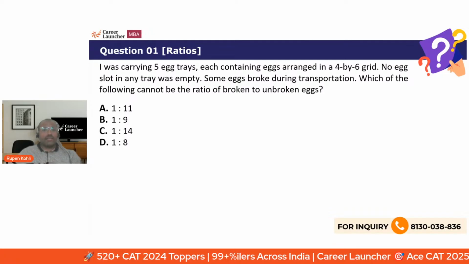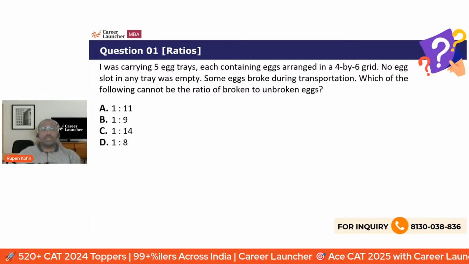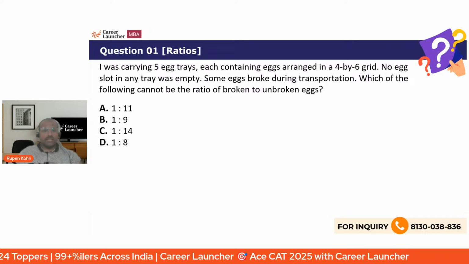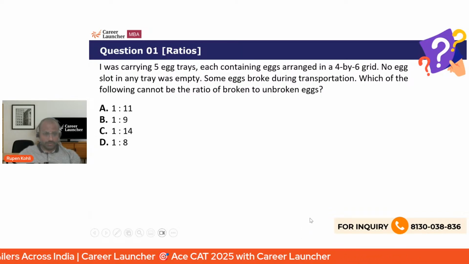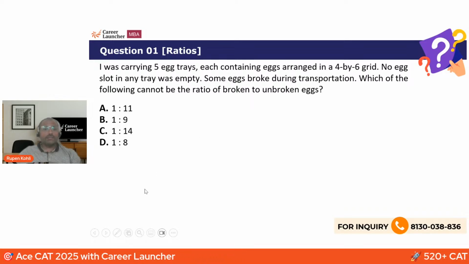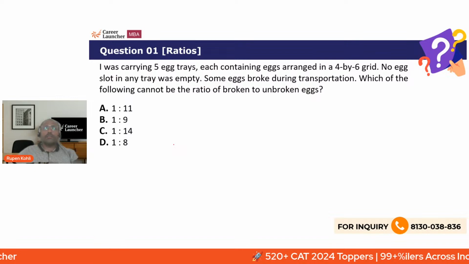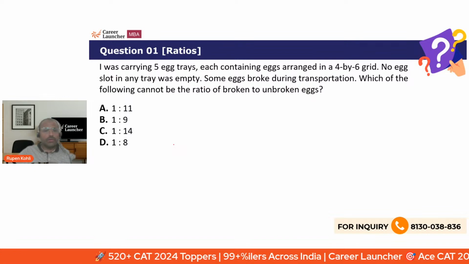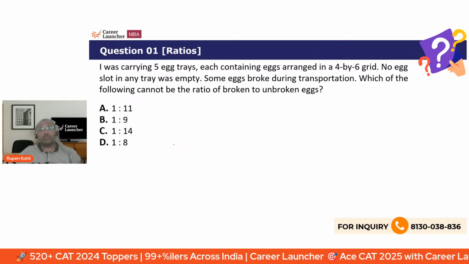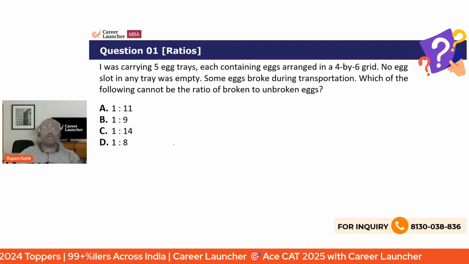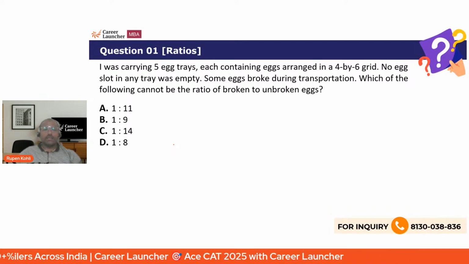I was carrying 5 egg trays, each containing eggs arranged in a 4 by 6 grid. No egg slot in any tray was empty. Some eggs broke during transportation. Which of the following cannot be the ratio of broken to unbroken eggs?